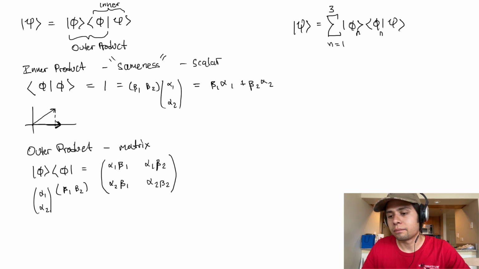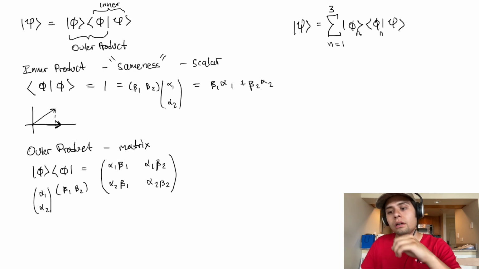Again, like I said, there are multiple interpretations we can impart on this object, but the important thing here is that we're writing this in terms of a different set of vectors.